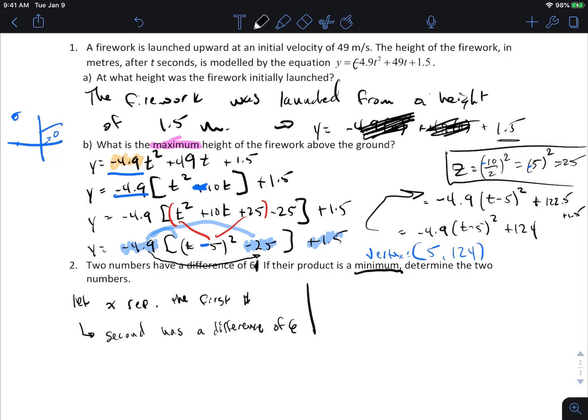Okay, so your job is to come up with two equations, and this one's actually not that bad because you're saying let x represent one of the numbers, so your first one's going to be x, and there's going to be a difference of 6 between the two of them.